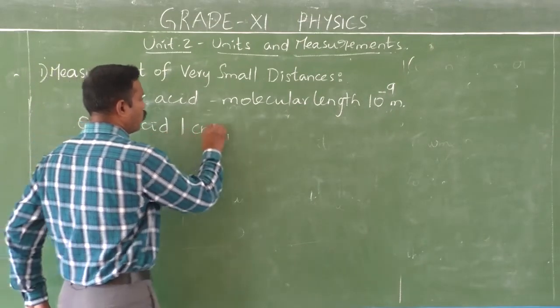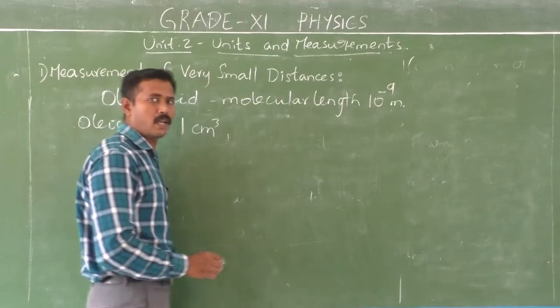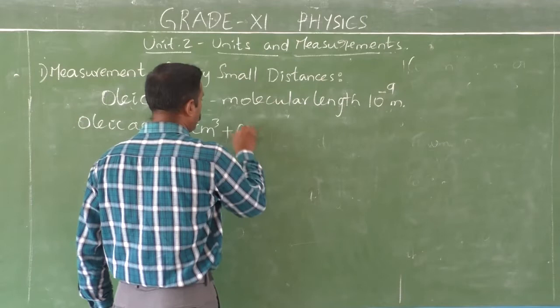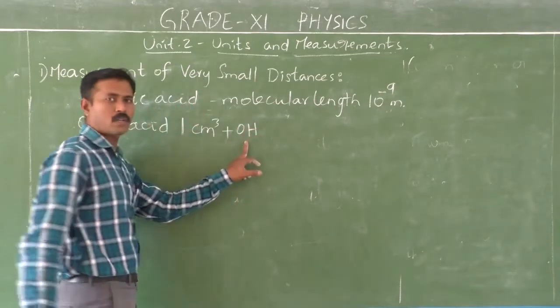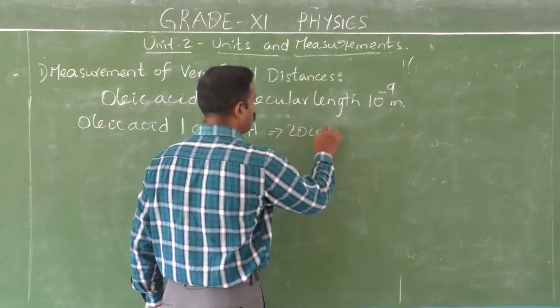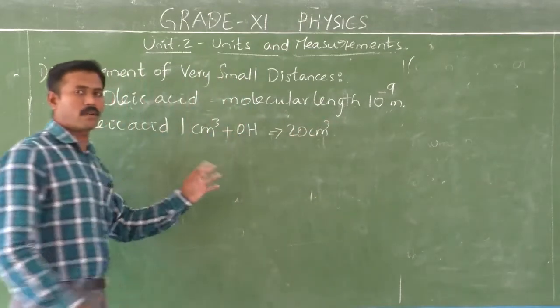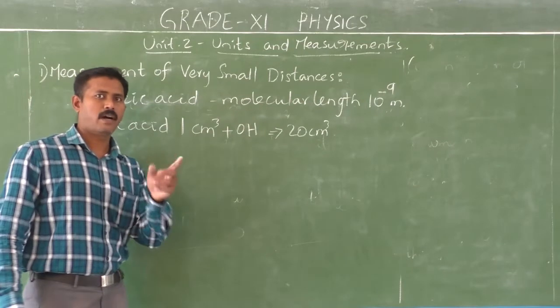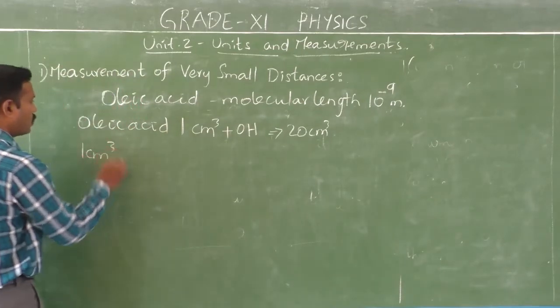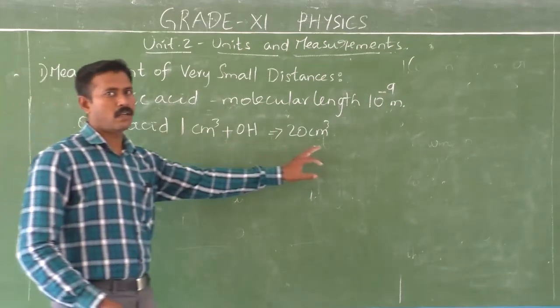1 centimeter cube of this solution I dilute with alcohol and I get 20 centimeter cube of solution. From this 20 centimeter cube, I again take 1 centimeter cube, which itself contains oleic acid.